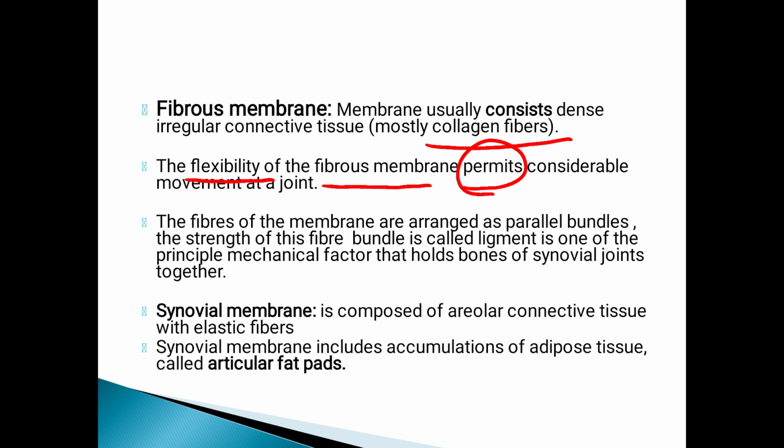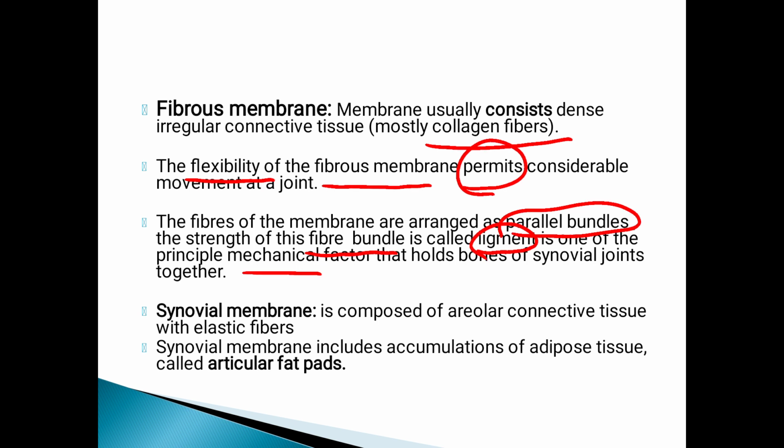The fibers of the membrane are arranged in such a way that they form parallel bundles. The strength of this fiber bundle is called a ligament and is one of the principal mechanical factors that holds the bones of the synovial joint.